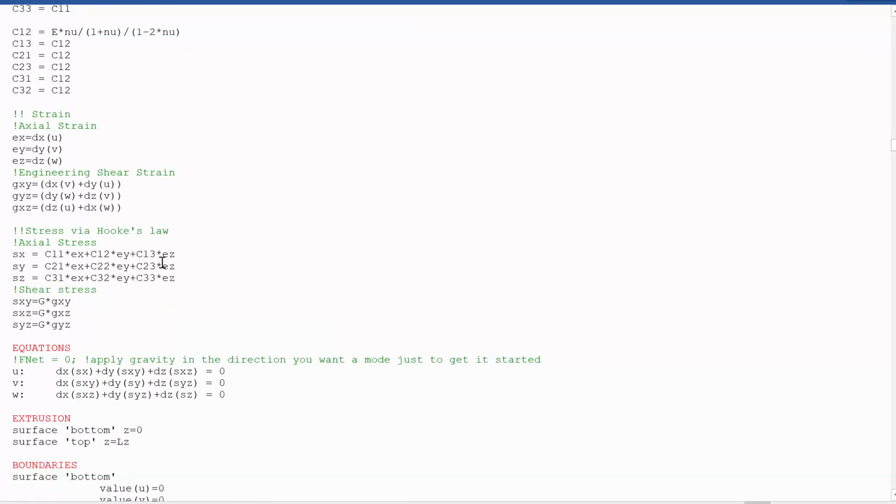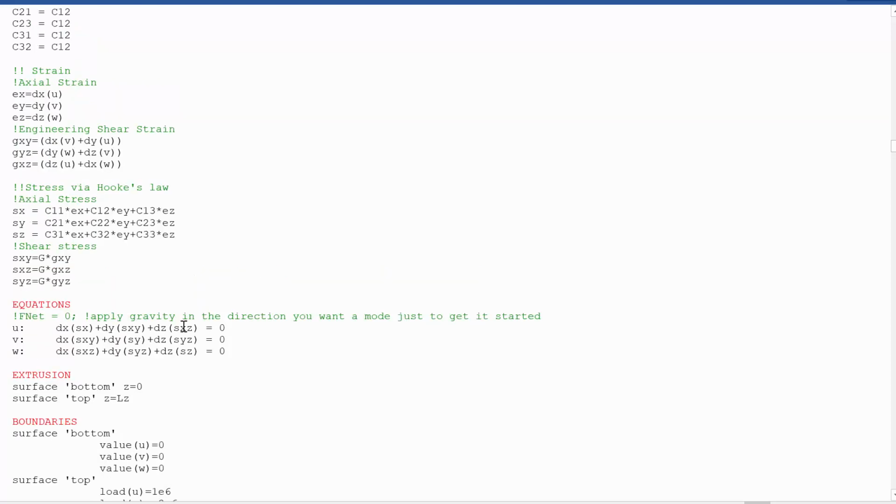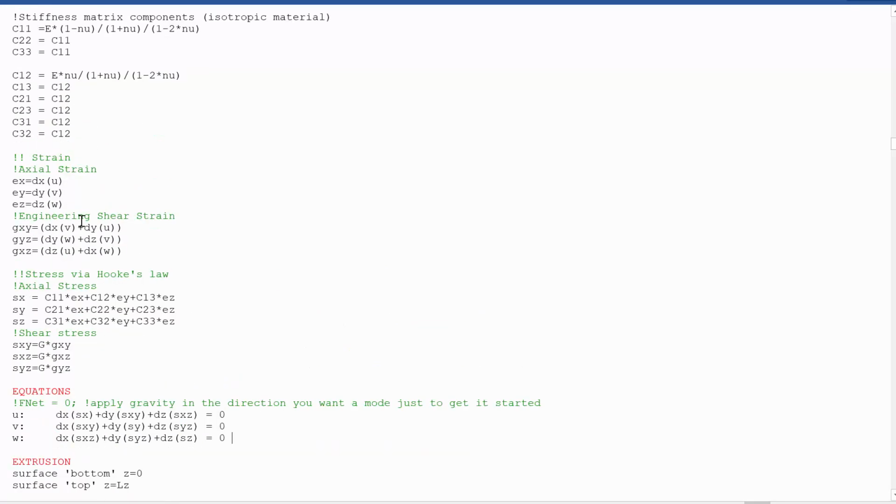So this was in code looking like the following. So we have the actual differential equations of this net force being 0 by slopes of stress in different directions. And the stresses were defined in terms of the strains, and the strains defined in terms of the derivatives of the displacements at each point in this solid object.